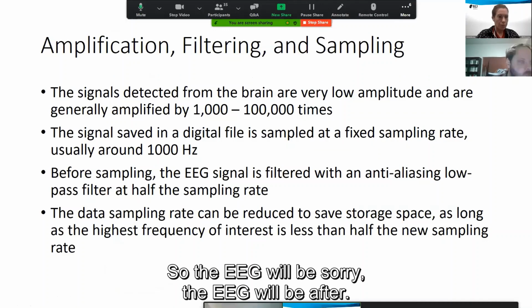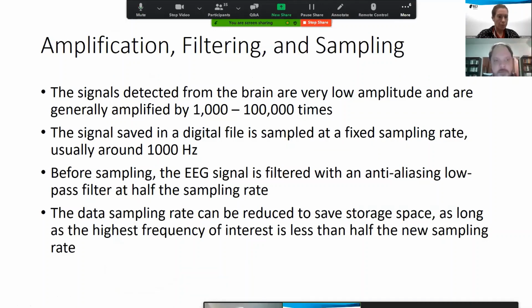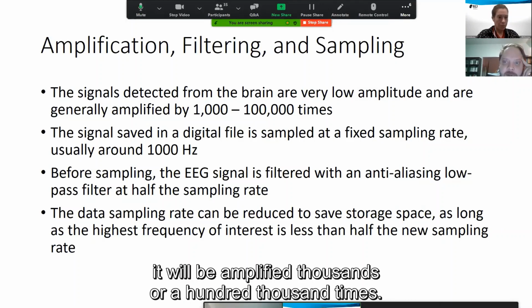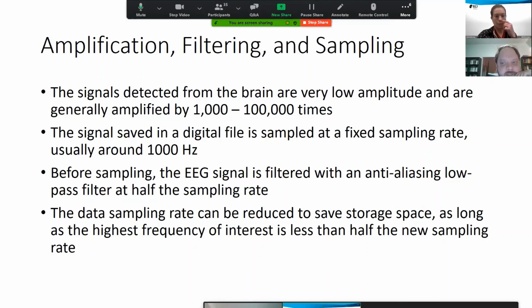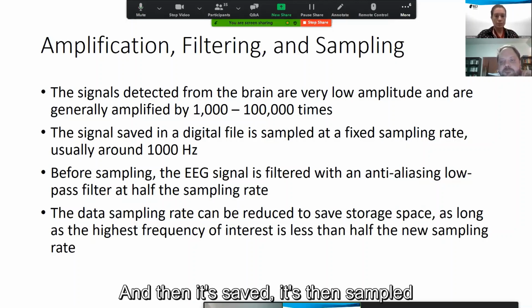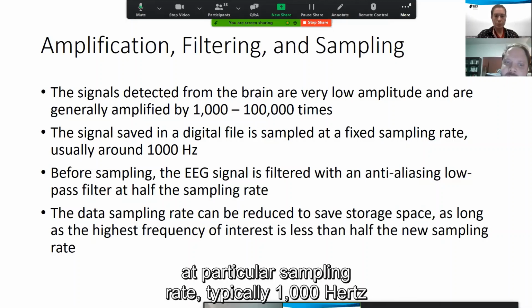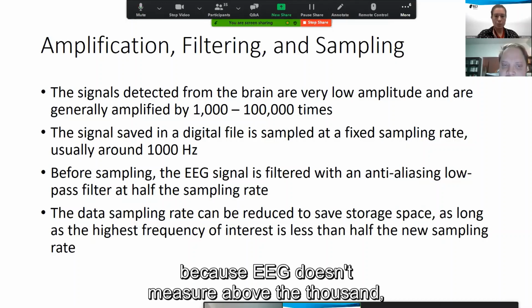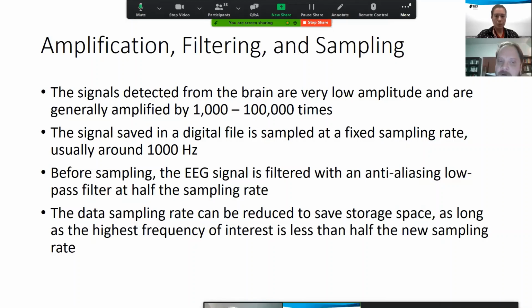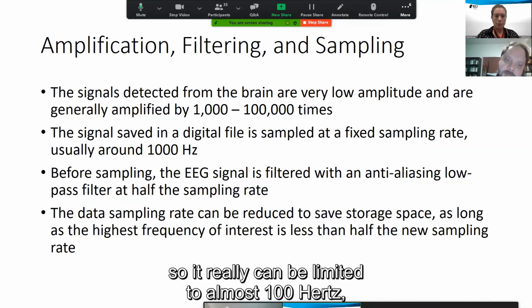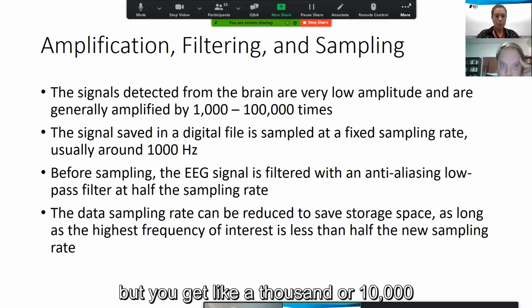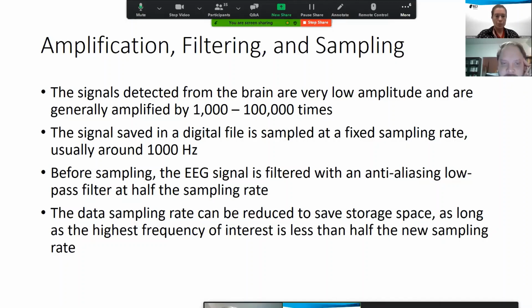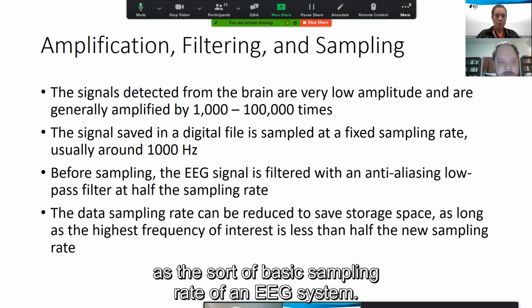So the EEG, after being recorded by the electrodes, will be amplified 1,000 or 100,000 times, and then it's sampled at a particular sampling rate, typically 1,000 hertz, because EEG doesn't measure above 1,000 hertz, it really can be limited to almost 100 hertz, but you get 1,000 or 10,000 as the basic sampling rate of an EEG system.